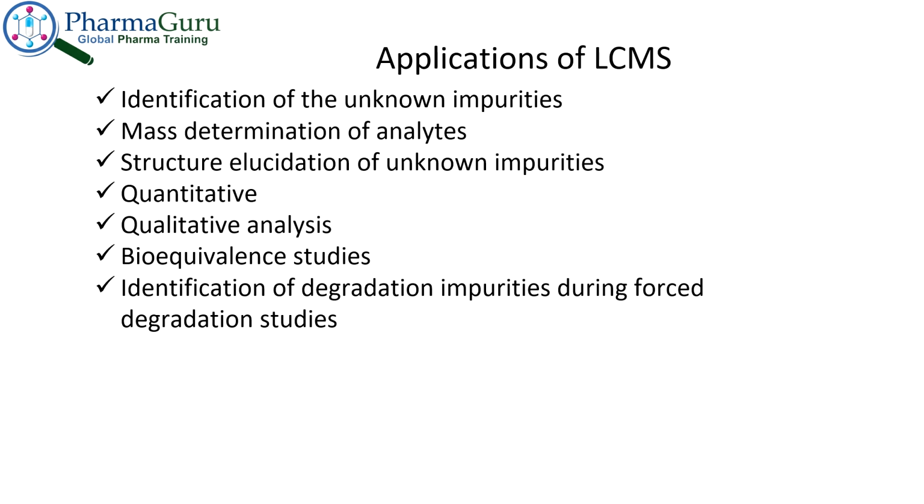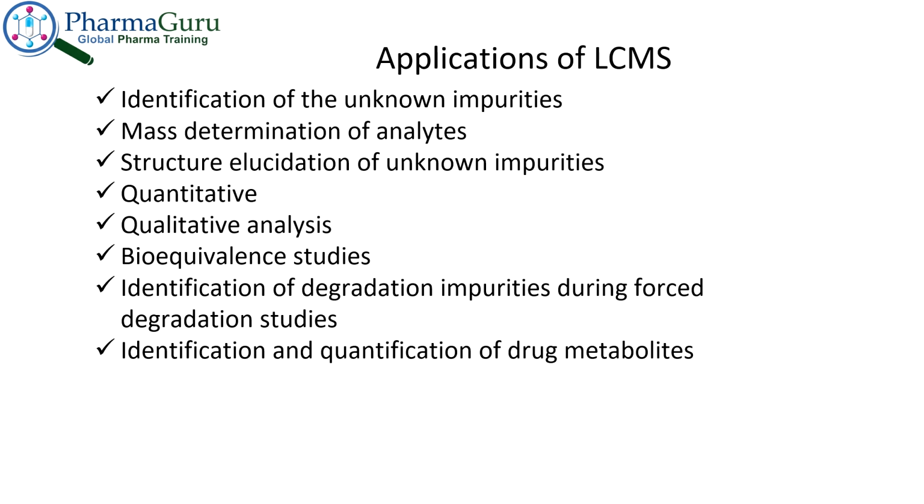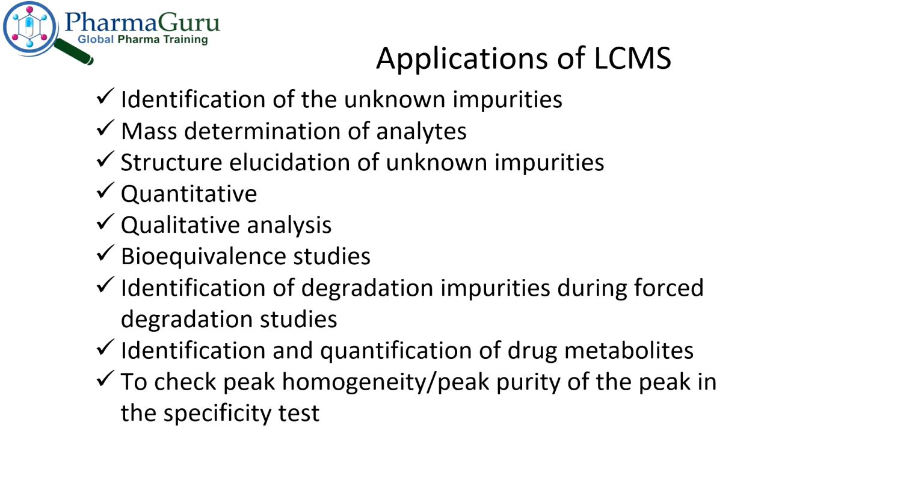Bioequivalence studies, identification of degradation impurities during forced degradation studies, identification and quantification of drug metabolites, to check peak homogeneity or peak purity of the peak in the specificity test in analytical method validation.